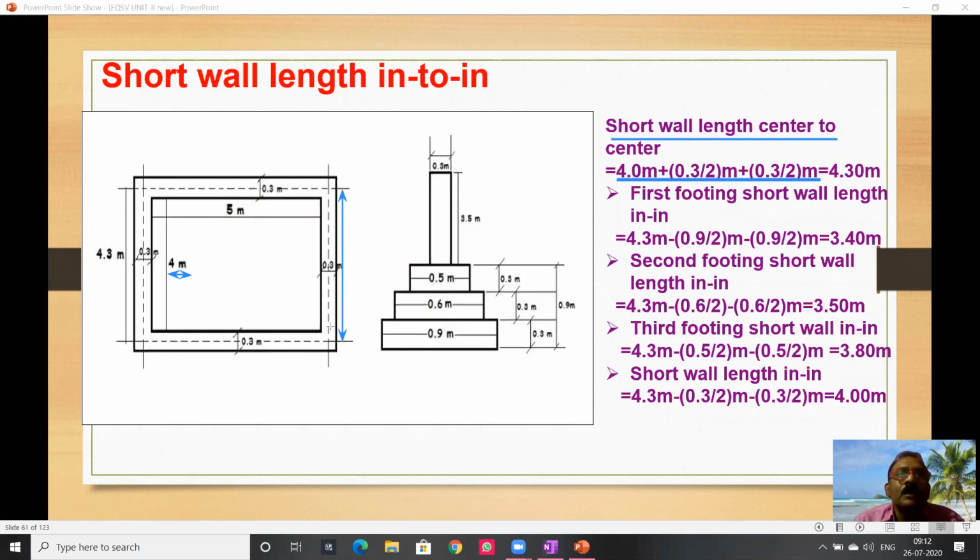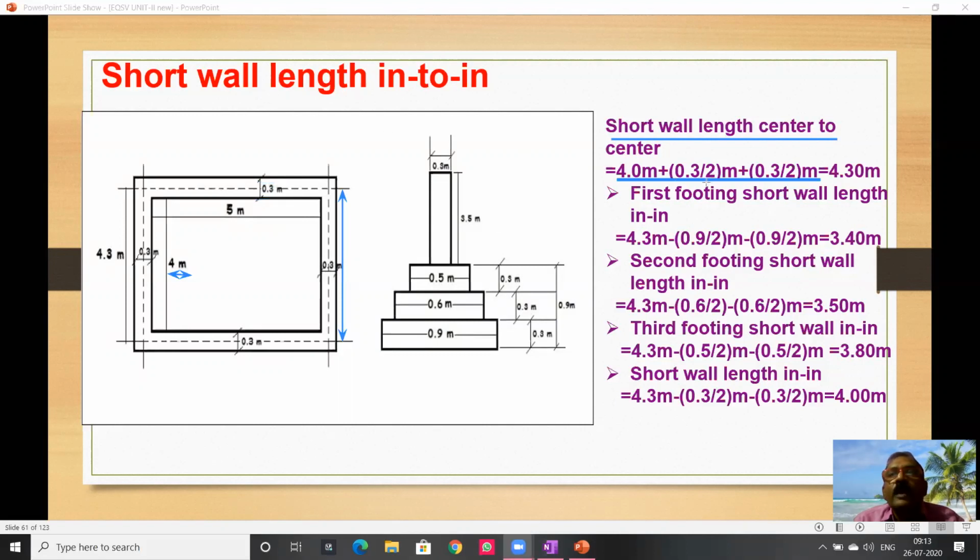See here, suppose the wall size you are considering in the perpendicular, transverse direction, the width is 0.6 meters, then you have to take 0.6 by 2. Suppose here 0.4, you have to take 0.4 by 2, like that. So in this way, you have to calculate.